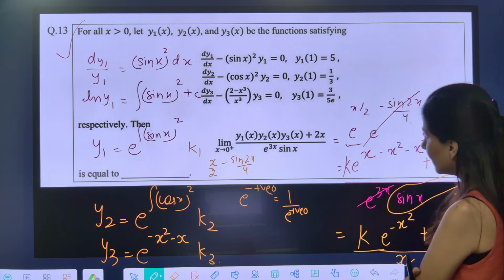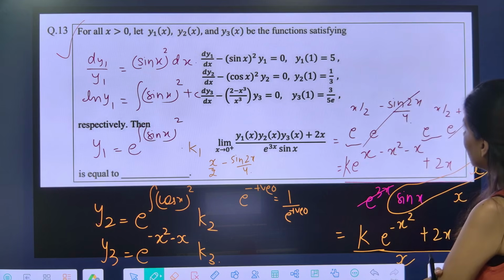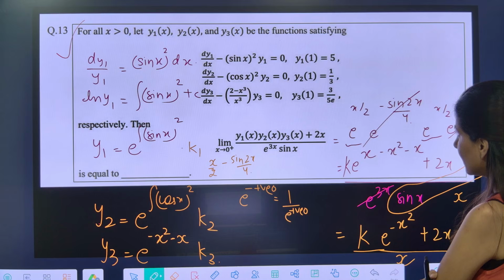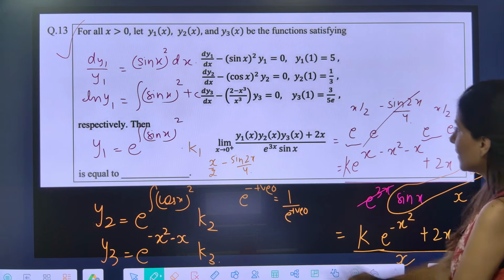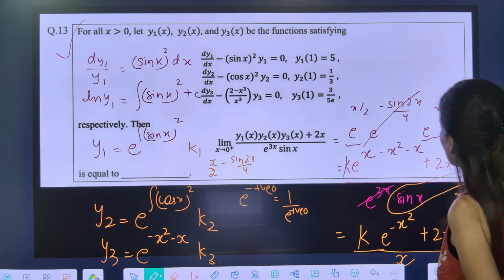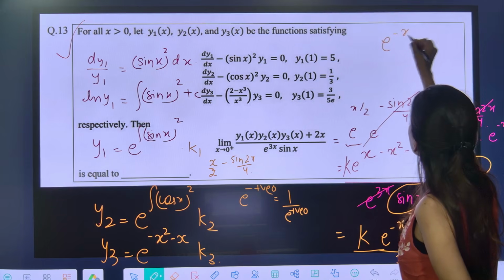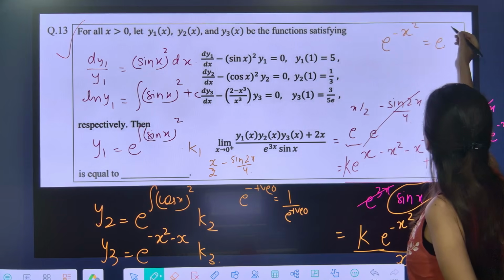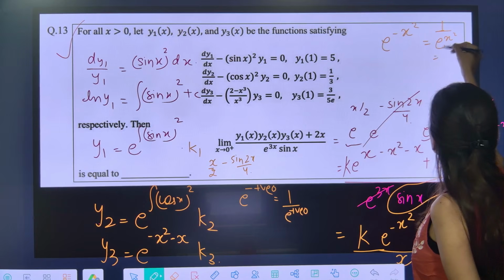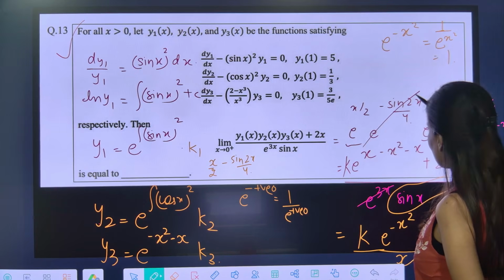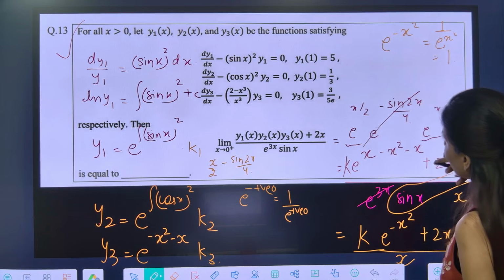So y3, right? y3, this is x, so e power x, and this is what? Minus x square actually. So this is e power minus x square is left out. E power minus x square will be what? 1 upon e power x square. Now if you put 0, e power 0 will be 1. So this is becoming 1, right?